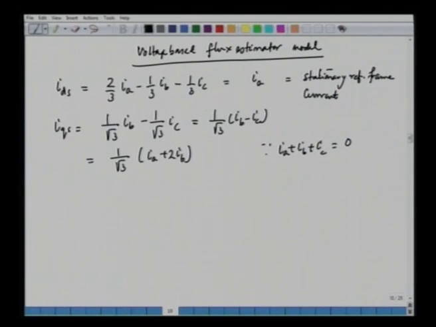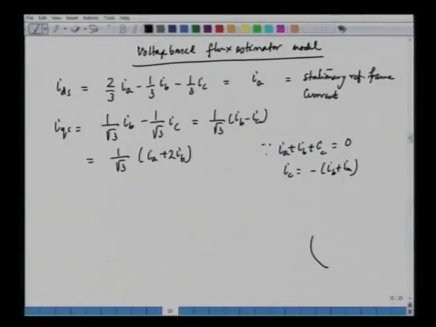We can eliminate IC. IC is equal to minus of (IA plus IB). So, if we substitute for IC, we can see that it is (IA plus 2 IB) times 1 by root 3.